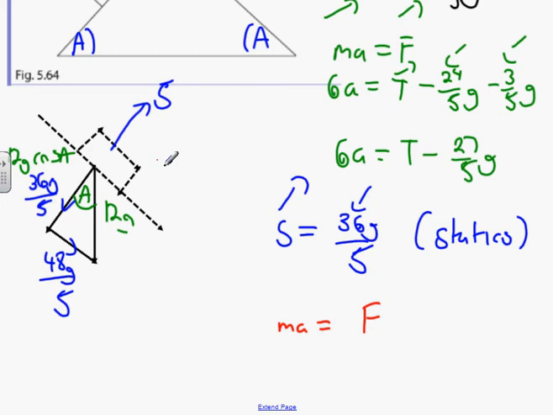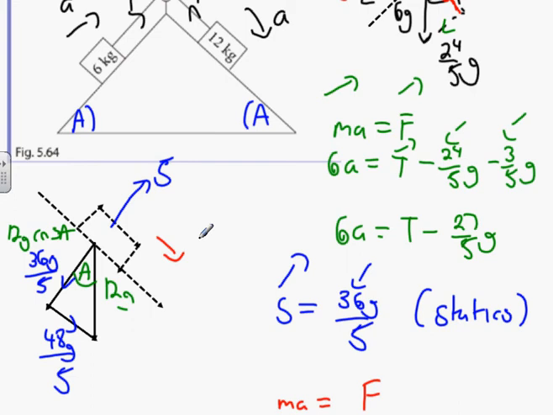What direction is the acceleration? Acceleration is going down. Tension is going up. Anything else other than tension working its way against you? Friction always opposes motion, so we have a frictional force also acting here.